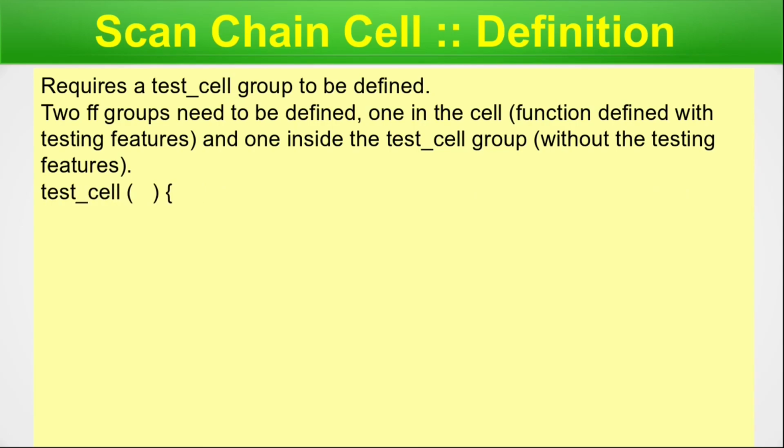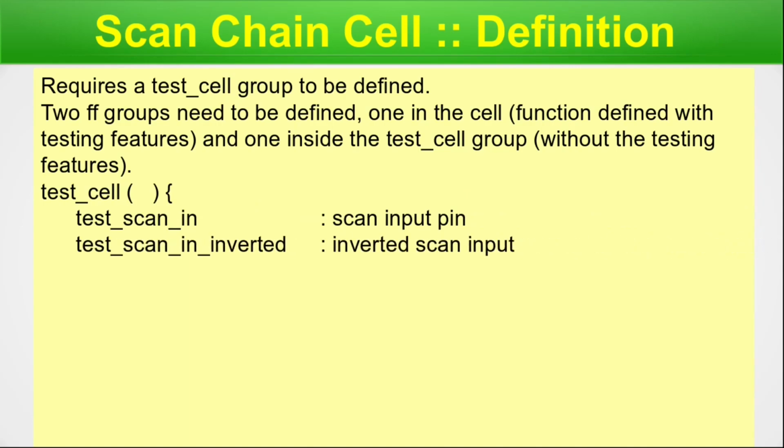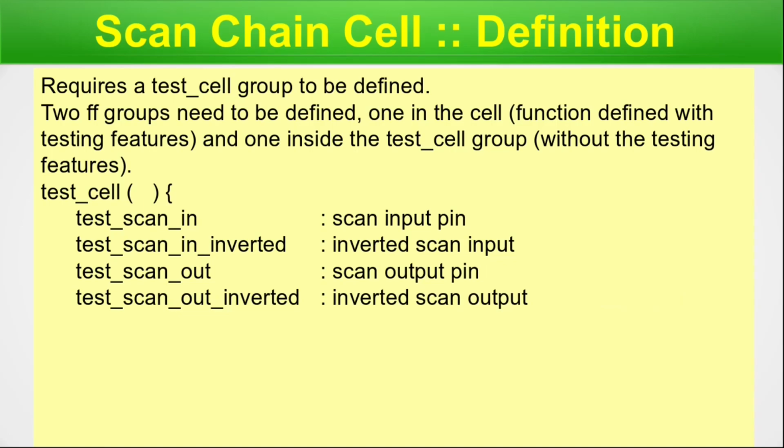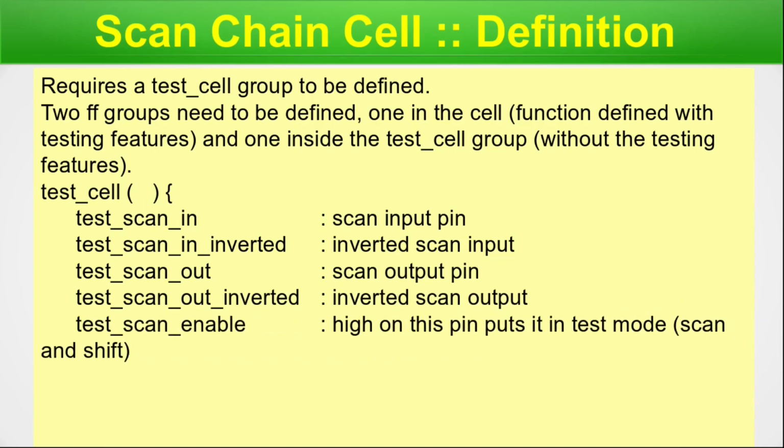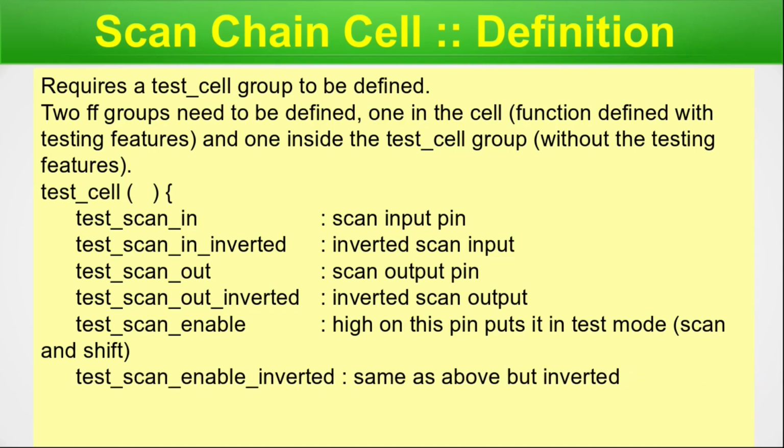Test cell. Then comes test scan in, the scan input pin name. Test scan inverted, the inverted scan input. Test scan out, the scan output pin. Test scan output inverted, that is the inverted scan output. Test scan enable, high on this pin puts it in the test mode, scan and shift. Test scan enable inverted, same as above but inverted.